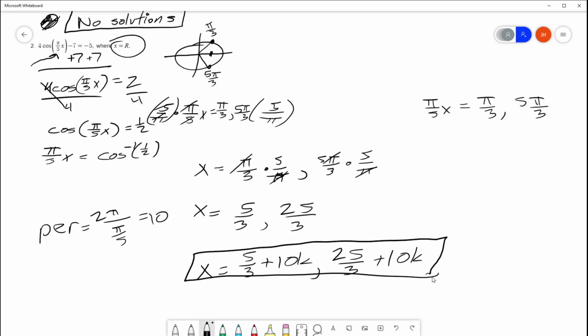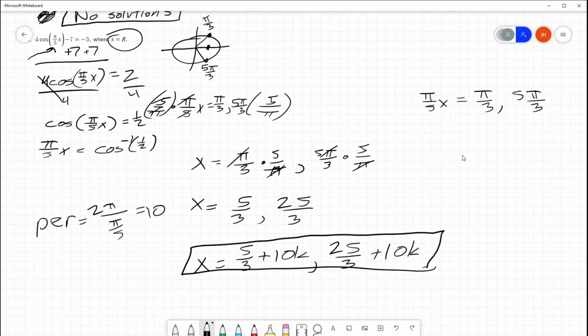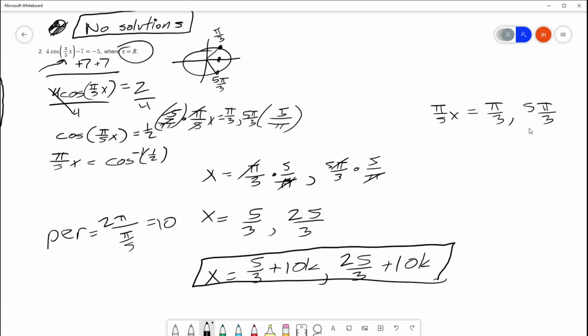So that's one way you could solve it, by essentially getting your two x values and then looking at the domain and dealing with it. The other way you could do it is, as soon as I did the inverse cosine over here, I could start recognizing that I'm dealing with all real numbers, so my solution should be plus 2 pi k.